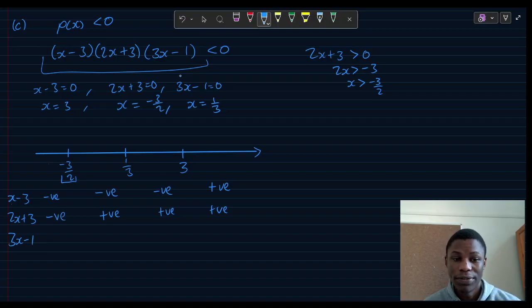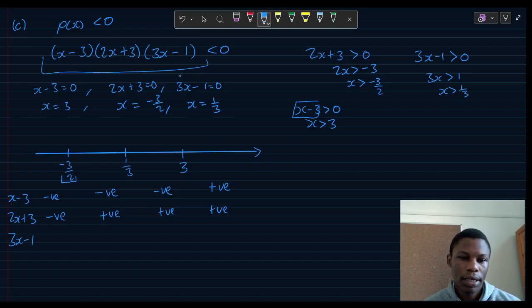You could have done the same for x minus 3. x minus 3 is greater than 0, so x greater than 3. So this is only positive, bigger than 0, when x is bigger than 3, which is why we only had a positive there. And we can do the same for 3x minus 1. When is this positive? When 3x is greater than 1, so when x is greater than a third. So positive here, and negative otherwise.